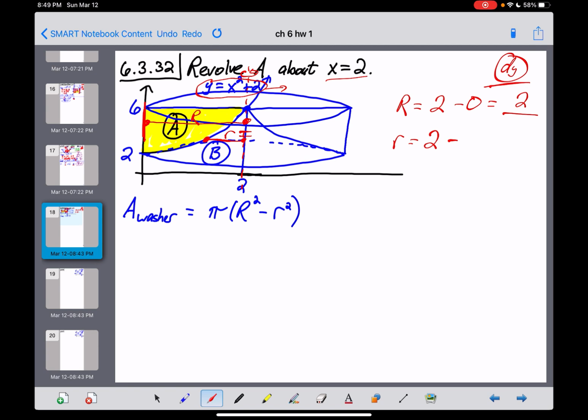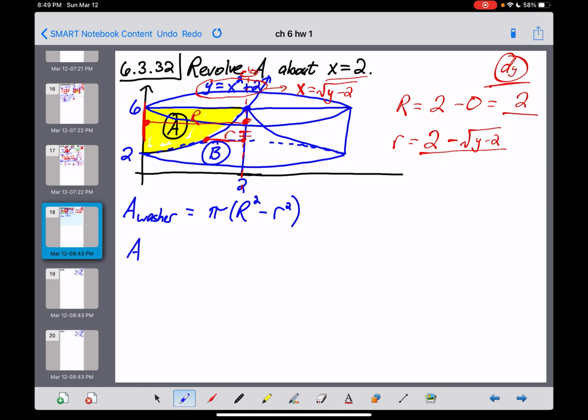And I believe there we're going to get x is equal to the square root of y minus 2. There should be a plus or minus there, but since it's the right half of a parabola, it's the positive square root that we need. So little r then is going to be 2 minus the square root of y minus 2, and there's nothing we can do to simplify that, guys. So that's where it's at.